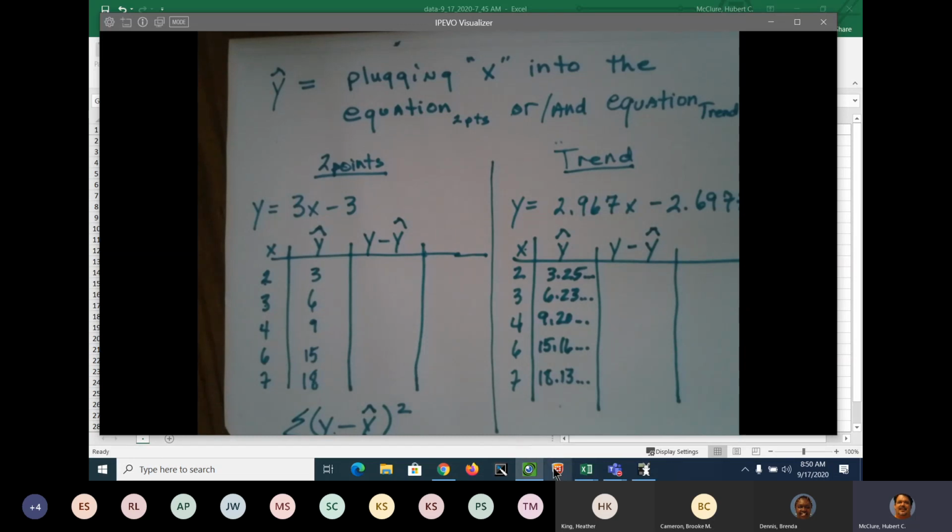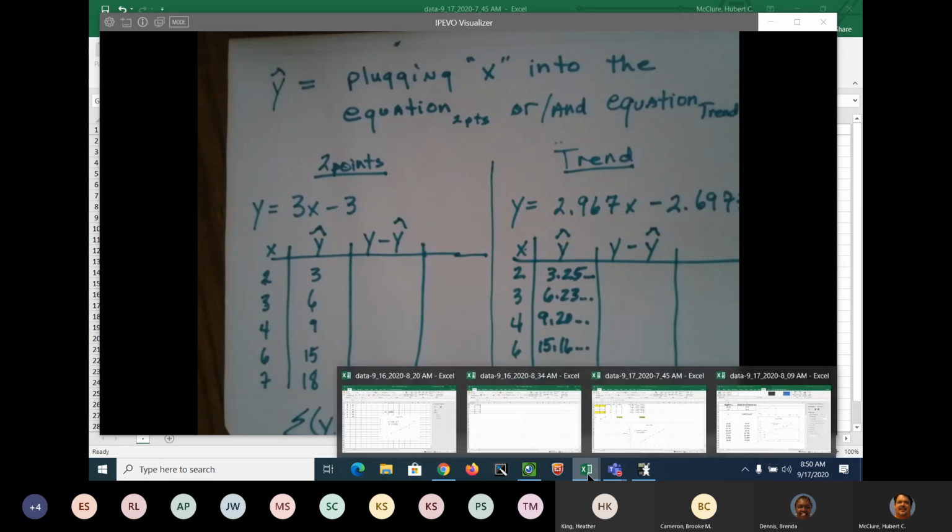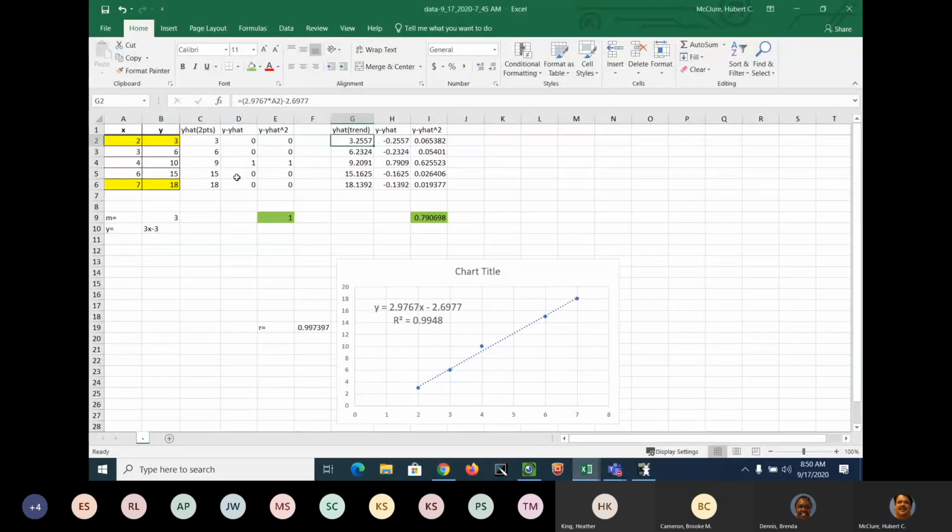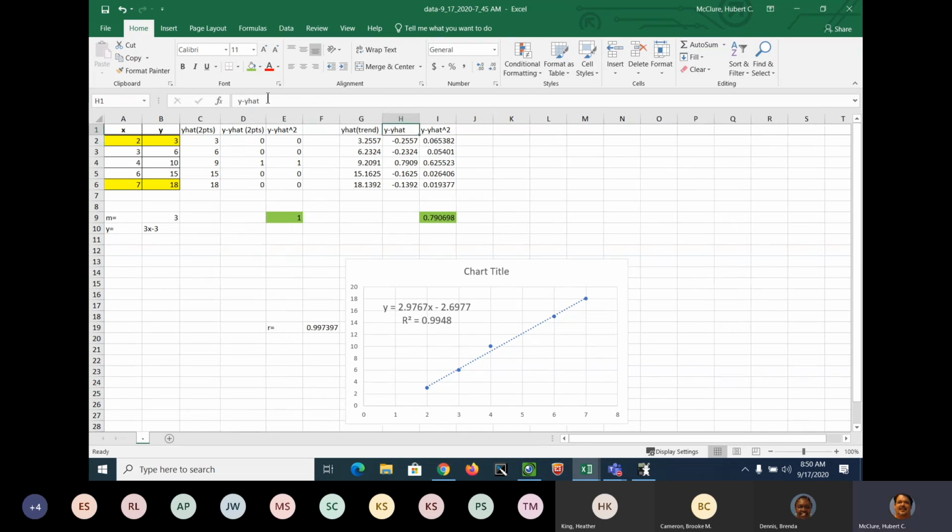And that's going to give you this column, and this column. So this is y minus y hat of the 2 points, and this is y minus y hat of the trend line.